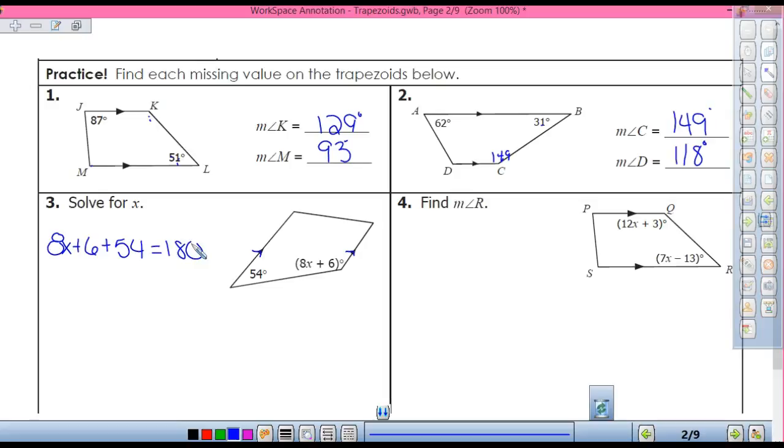I'm going to add these up. They equal 180. So 8x plus 60 is 180. 8x is 120, right? x is 50. Is that what they're asking for? Yeah.